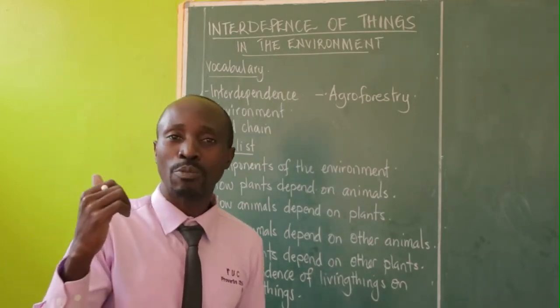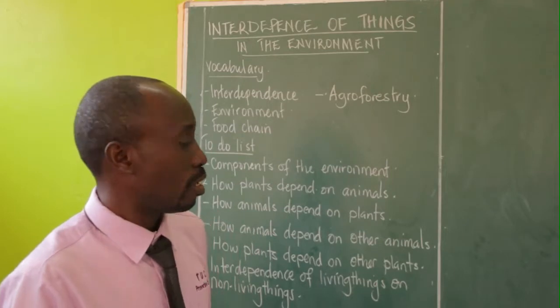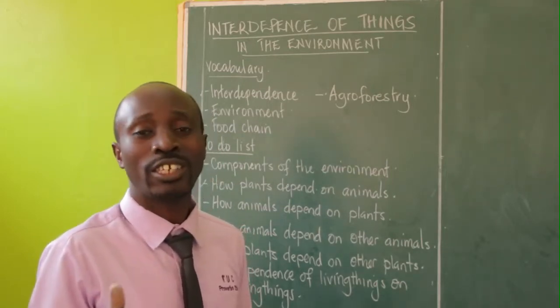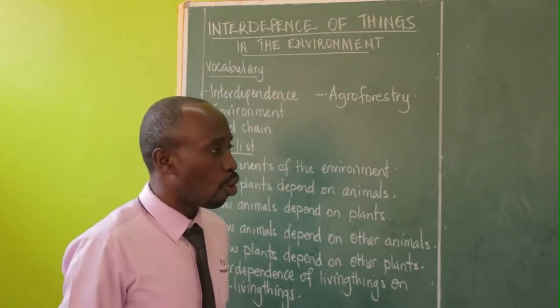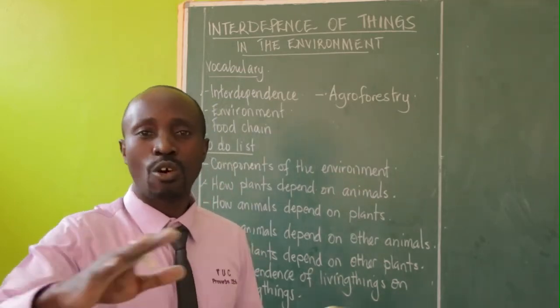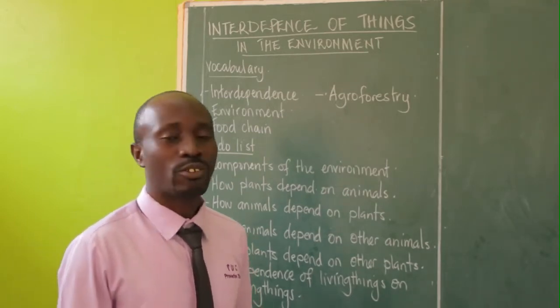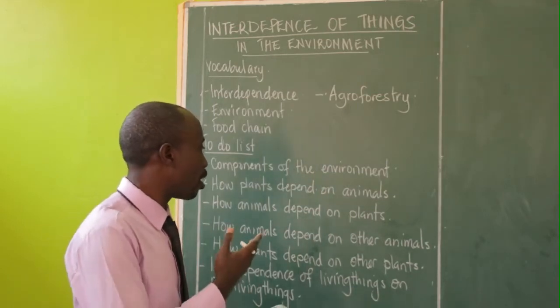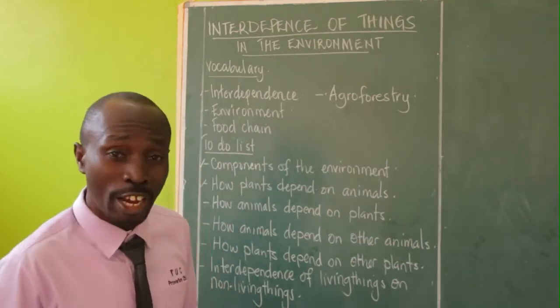I'll take you back to P6, dispersion. When does it take place? When does it happen? When seeds are scattered from the mother plant over a wide area, that qualifies to be dispersion. So seed dispersion is sometimes done by animals.